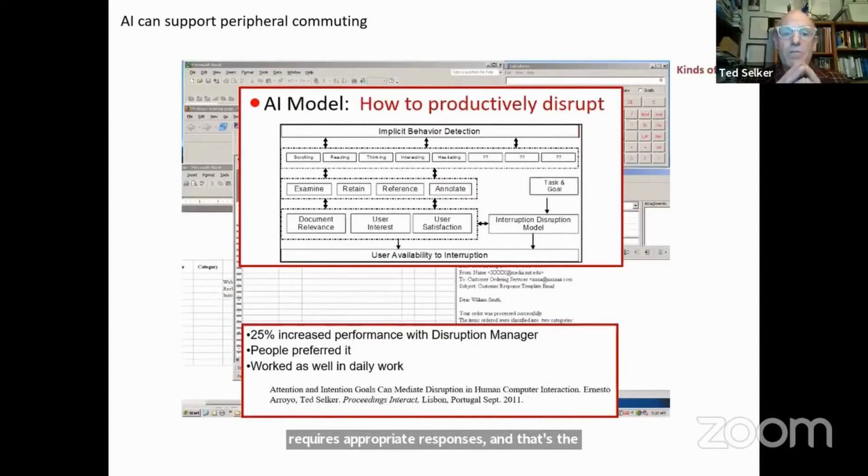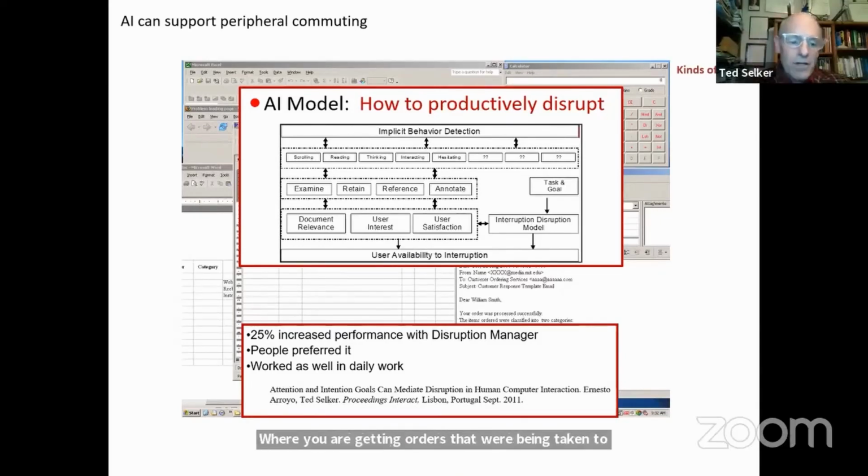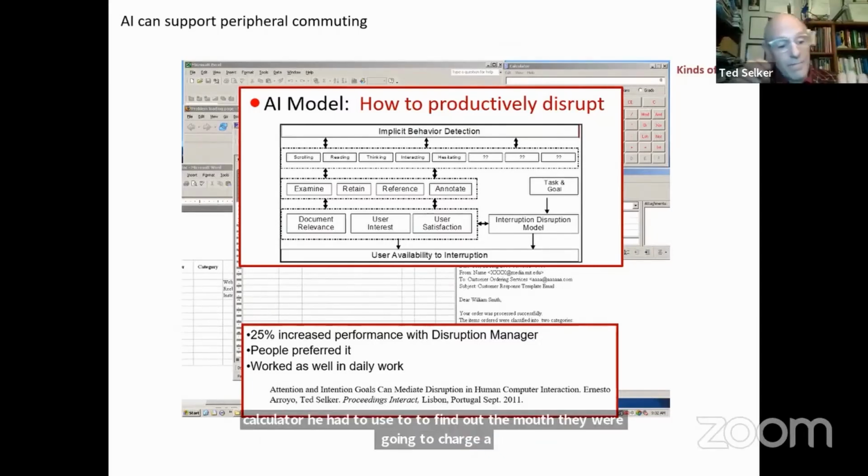One of the early things we did was make something called Disruption Manager. Ernesto Arroyo made it, where basically you're sitting there and behind these two red boxes is a desktop where you were getting orders that you were supposed to take, and you were getting emails about these orders, and you had a spreadsheet you had to fill out about it, and a calculator you had to use to find out the amount you were going to charge a customer, and you get text messages that were social or maybe from your boss.